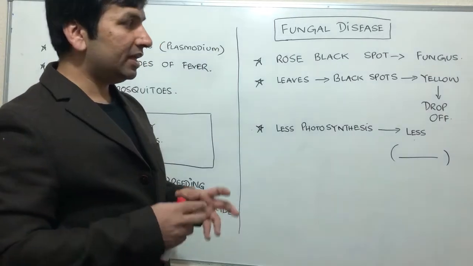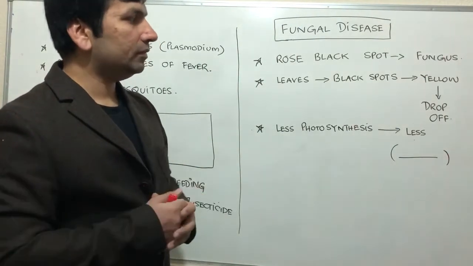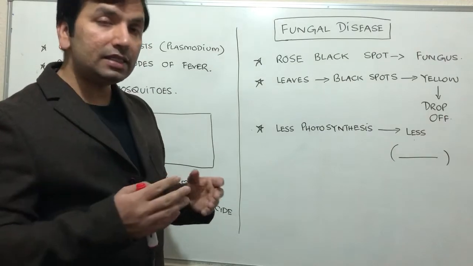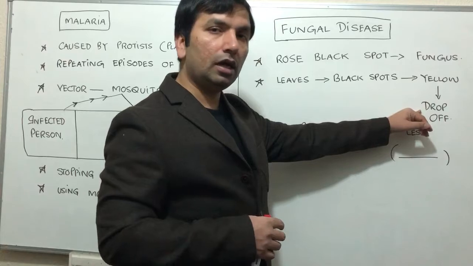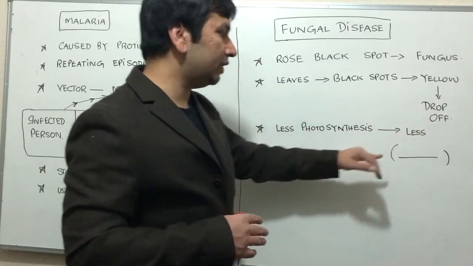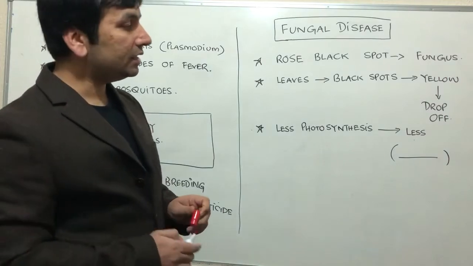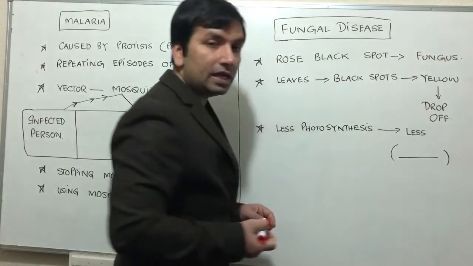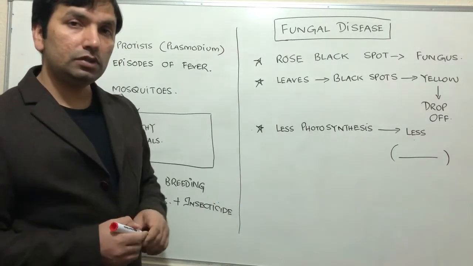Means when the plant drops all or most of its leaves, then what will happen? Less photosynthesis. Less photosynthesis means less production of food, less production of glucose.